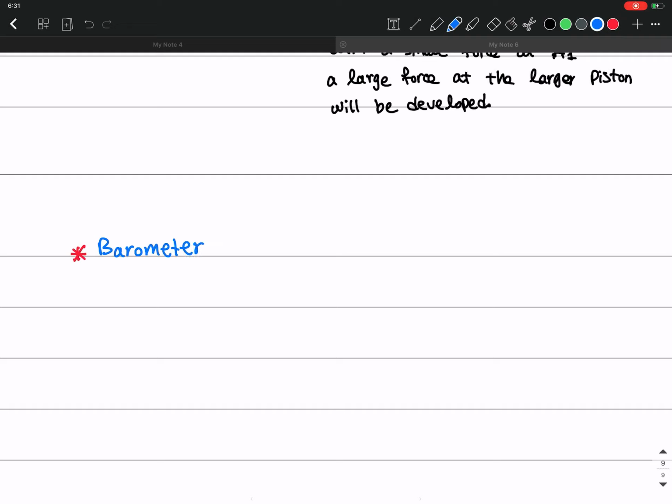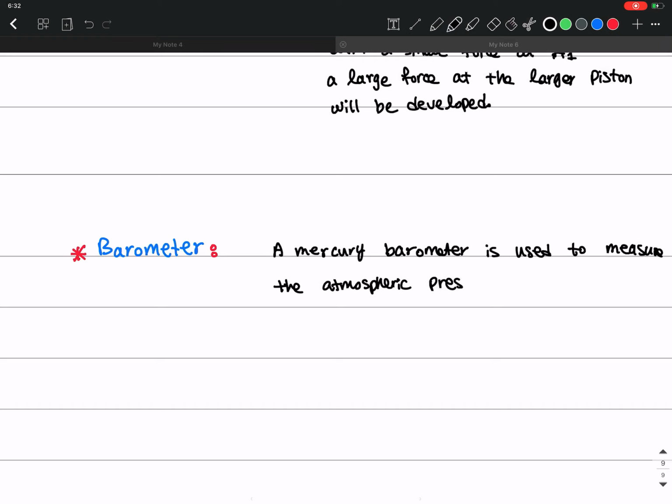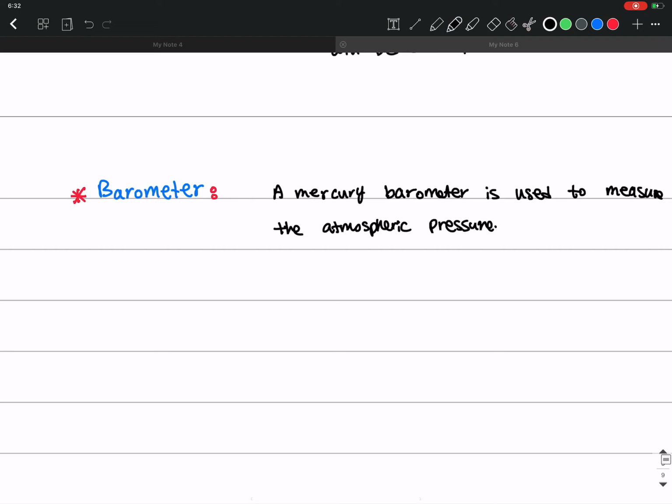A mercury barometer is used to measure the atmospheric pressure. Okay, let's see how it works.